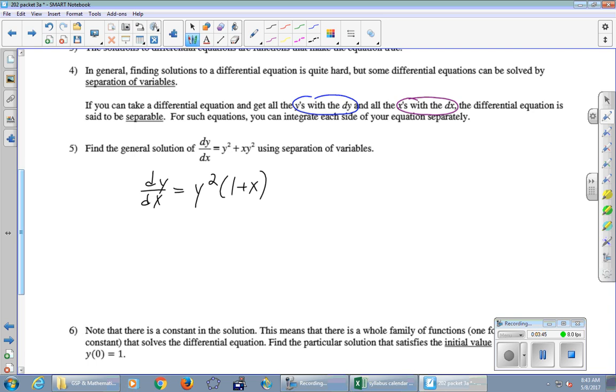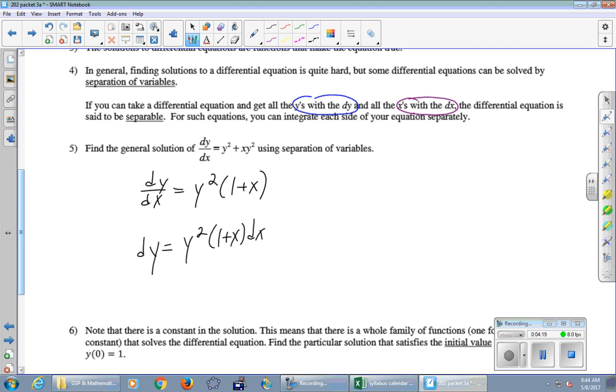I said we were going to get all the y's on the left and all the x's on the right. So divide both sides by y squared. Actually, I'm not a fan of that. Let's multiply by dx on both sides first. I think this is a little bit easier algebra-wise.